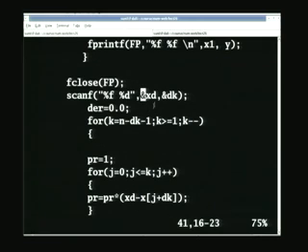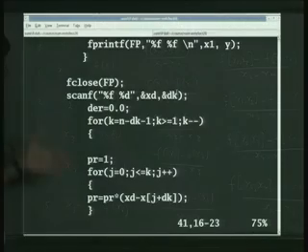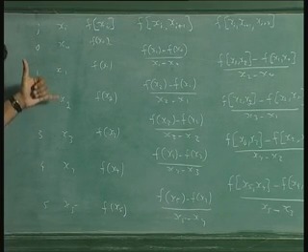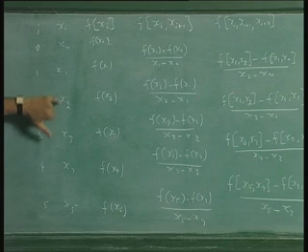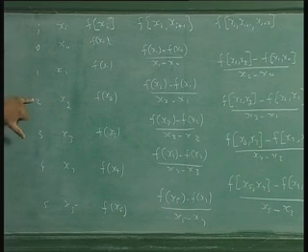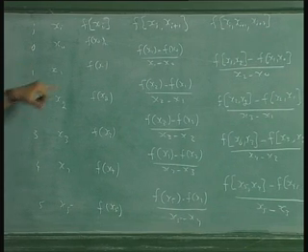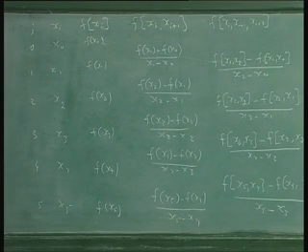This xd is the value at which I want to evaluate the derivative, and dk is the point at which I want to enter the difference table. As I said, if I want to evaluate the derivative at any point, let us say between x2 and x3, I could enter the difference table at x2, x1 or x0. So it waits for this index to be given, and at what value you want to evaluate the derivative, and at what point you want to enter the difference table. These are the two things you have to see.